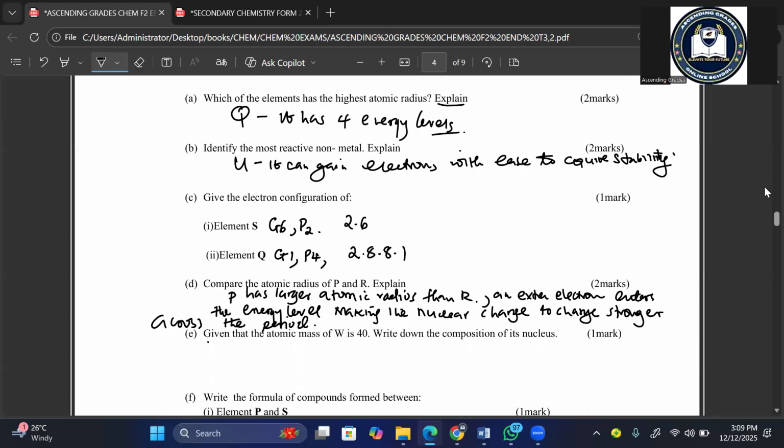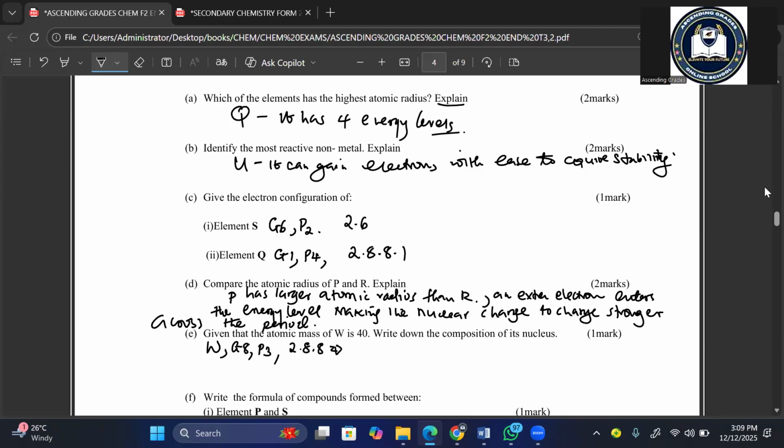So its electron configuration will be 2.8.8. So what does this bring us?